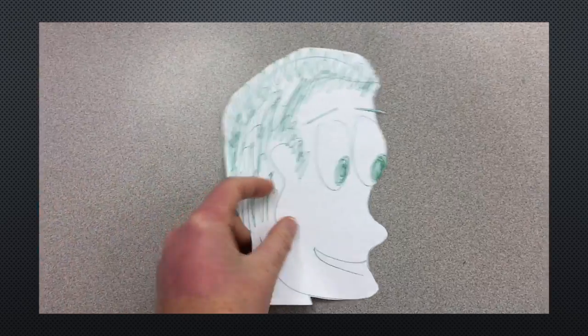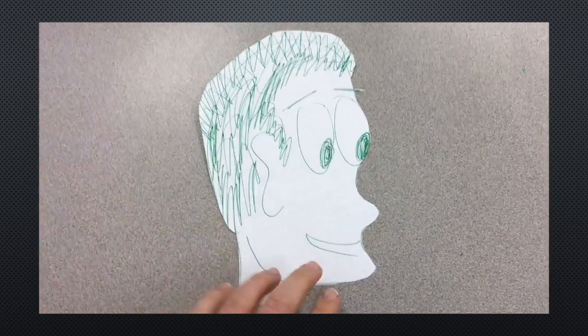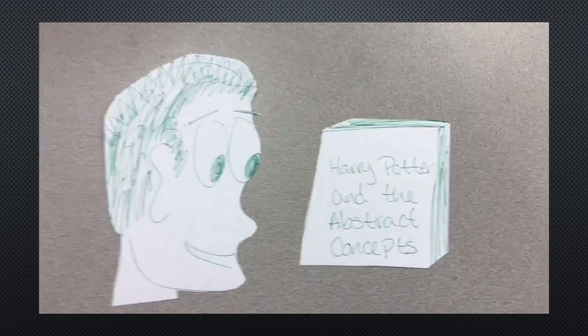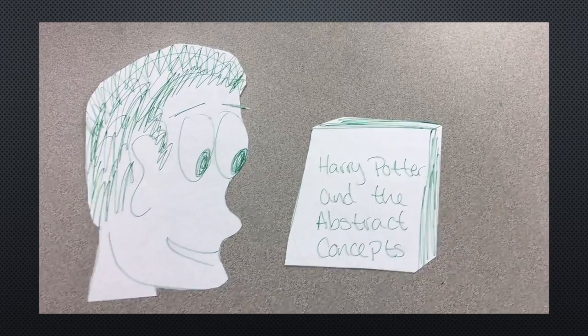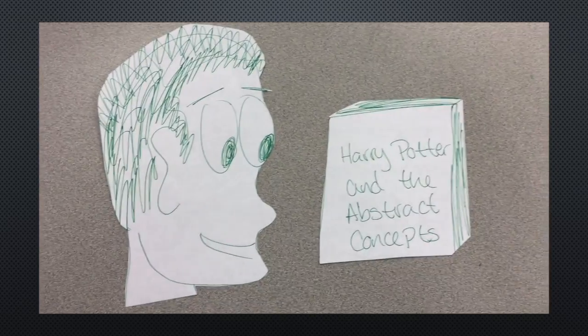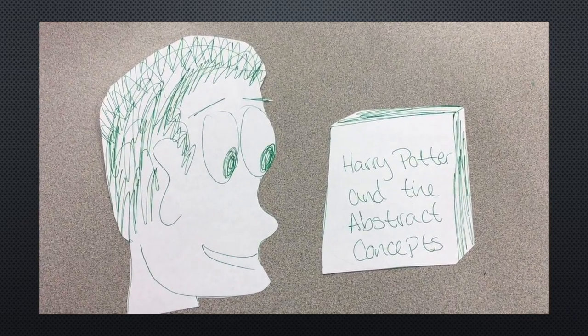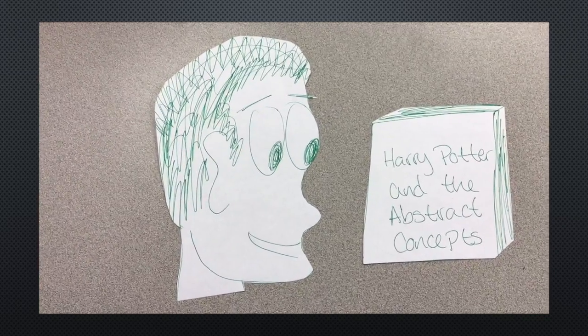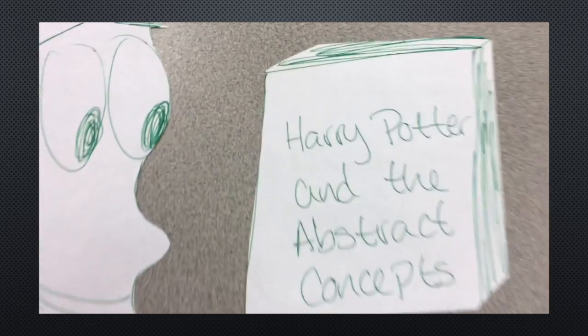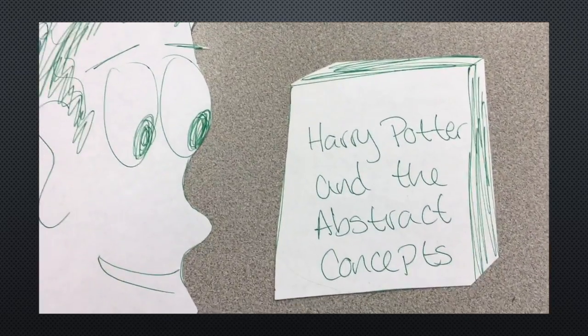Let's pretend that this is you, and you have decided to read a book. And let's say that book is Harry Potter and the Abstract Concepts, because we're talking about abstract concepts. So as you're reading Harry Potter and the Abstract Concepts, you might read about things like love, responsibility, friendship. So really, you're not just reading a story about Harry Potter and the abstract concepts.